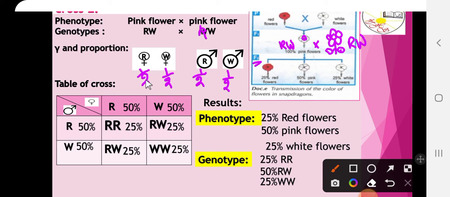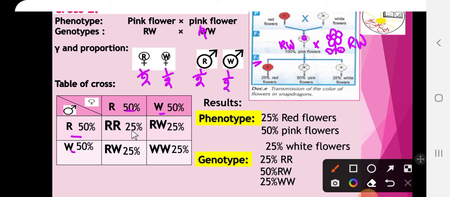So RW, 50% and 50%, for this first parent and this second parent. The results are RR 25%, RW 25%, RW 25%, and WW 25%.